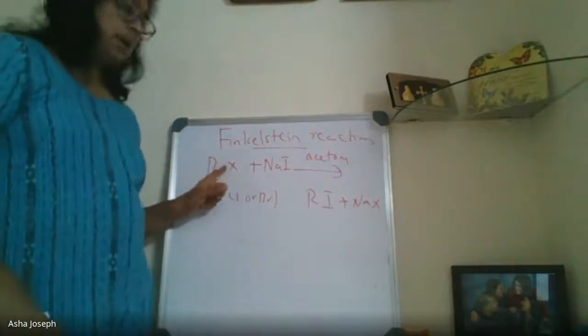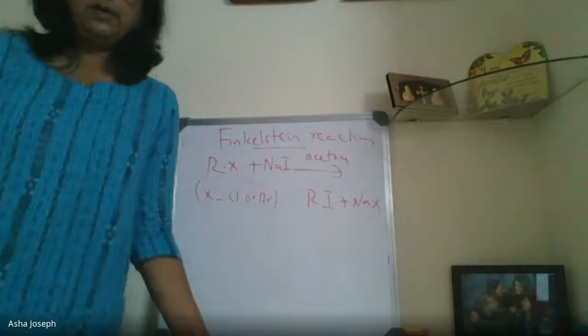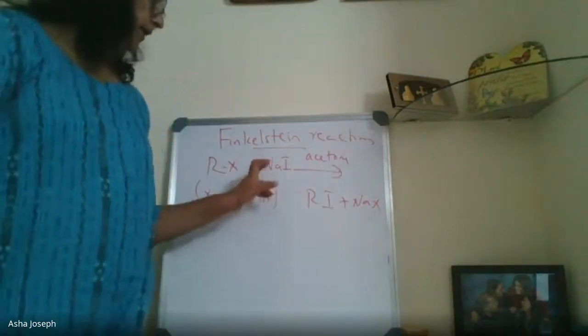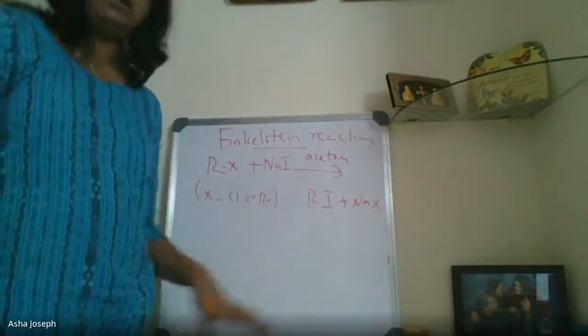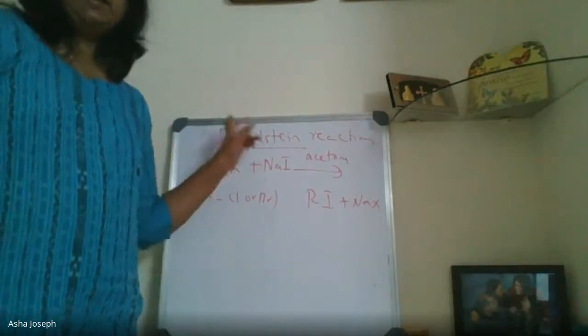Very simple reaction. This is the Finkelstein reaction. Here RX can be RCl or RBr. So from chlorides or bromides, when you add NaI and acetone, you will get the iodide. Clear? It is a main reaction, so you have to learn it.